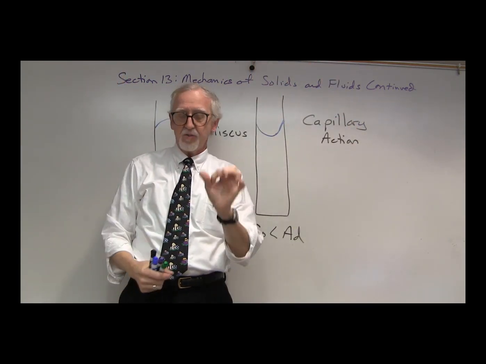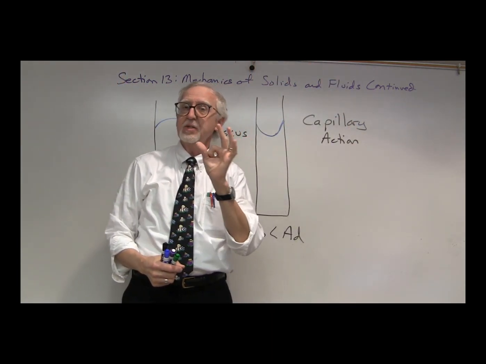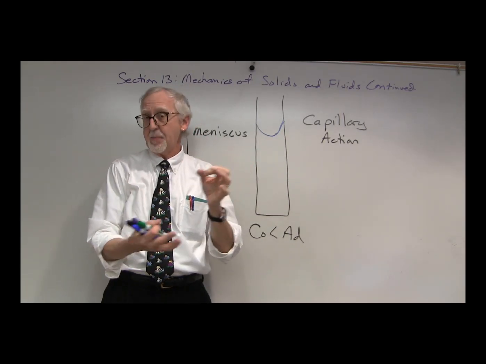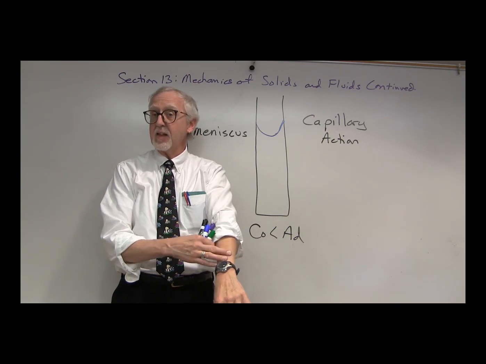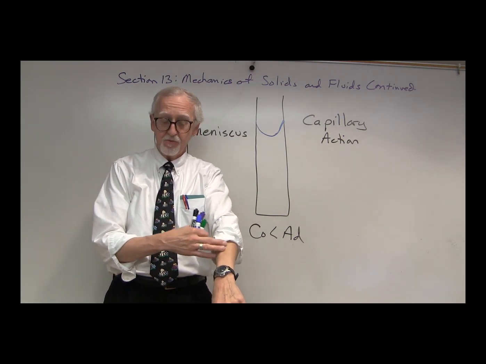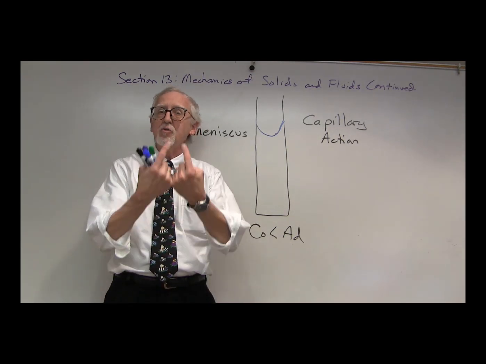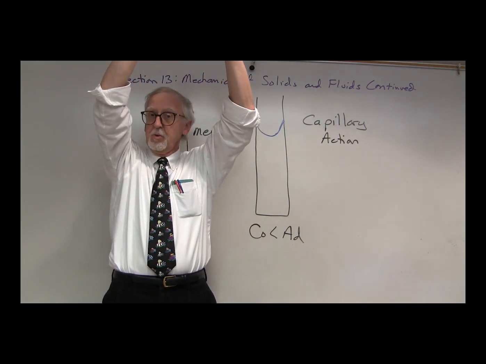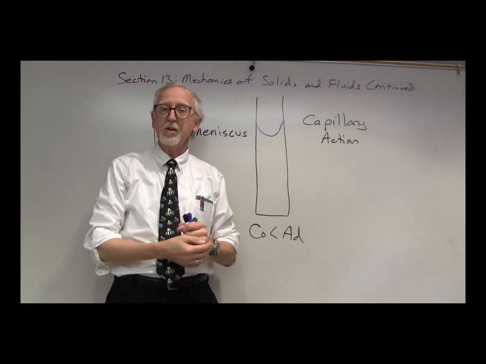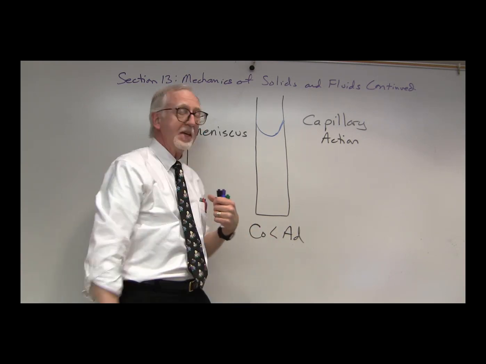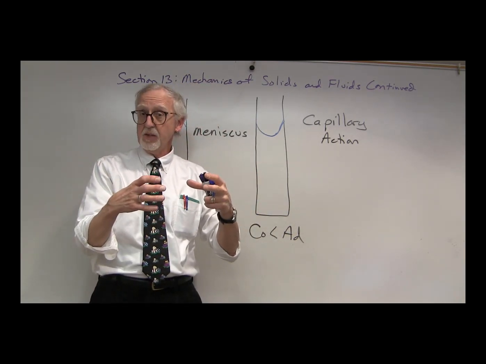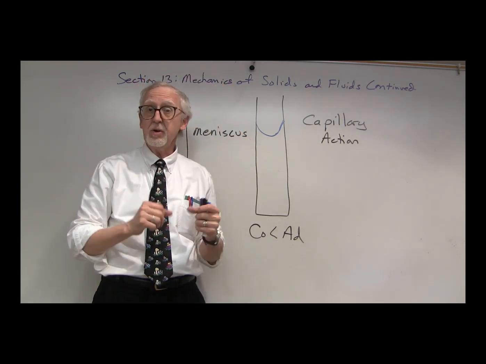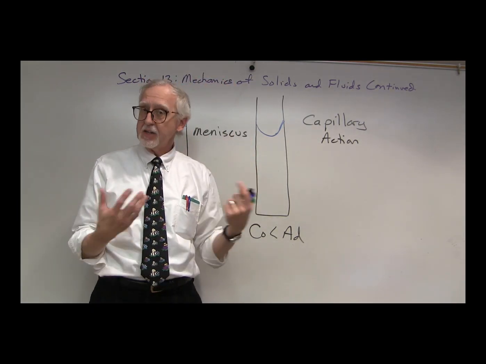Well, it actually has very, very small tubes, capillary action, like we have capillaries for our blood, that actually help draw the water up into the highest parts of the tree. So the fact that we have these adhesive forces between the water molecules and the walls of the tubes in the tree actually helps raise the water up to the highest parts of the tree.